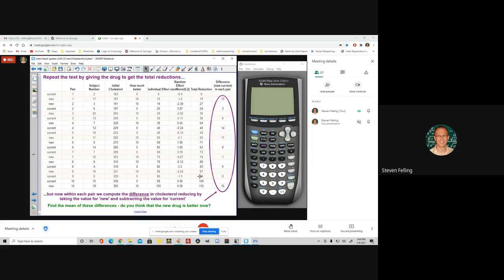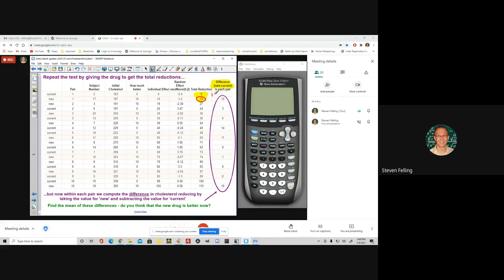But then what we do is we take each pair and analyze that pair. So within this pair, we're going to calculate something new, just a single number for the pair, which is the difference in effectiveness. So we'll take the total reduction for the new drug patient and subtract the one from the current drug patient. So for example, in this first one here, the new patient was this one, which was 19.